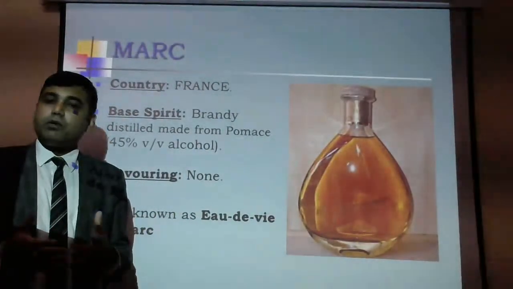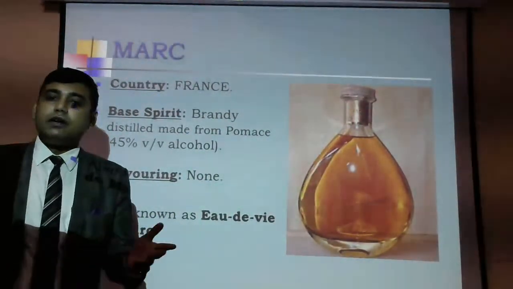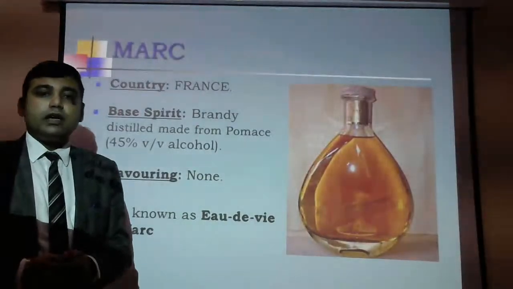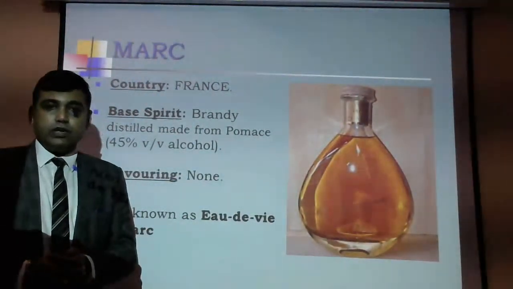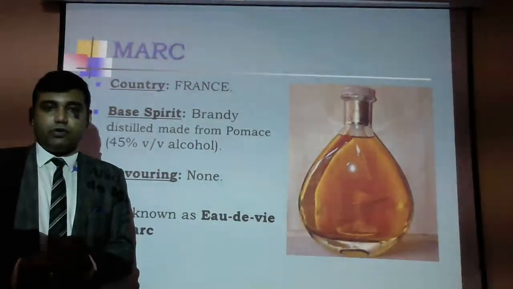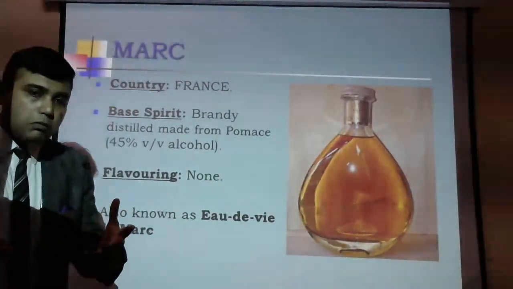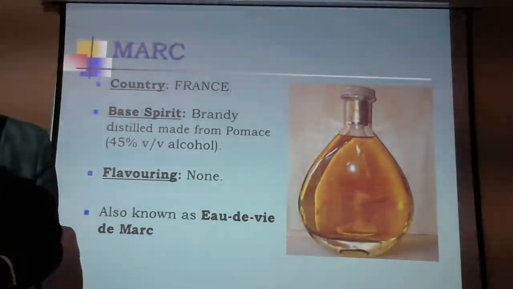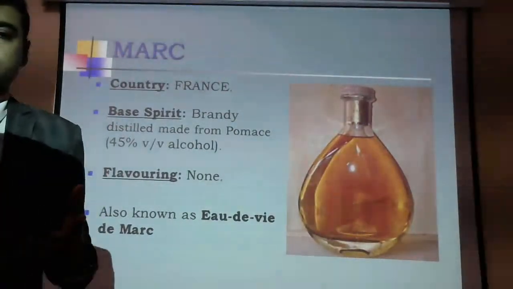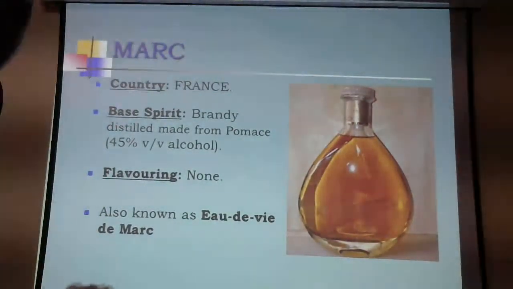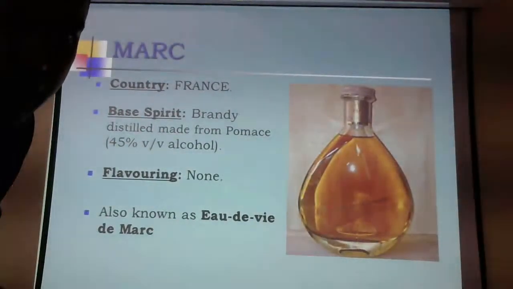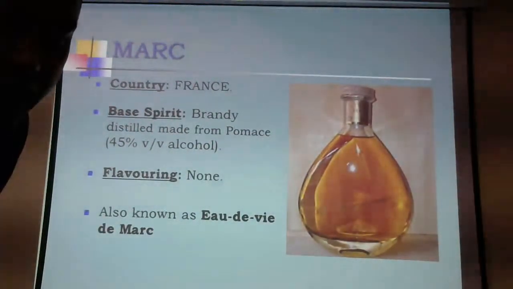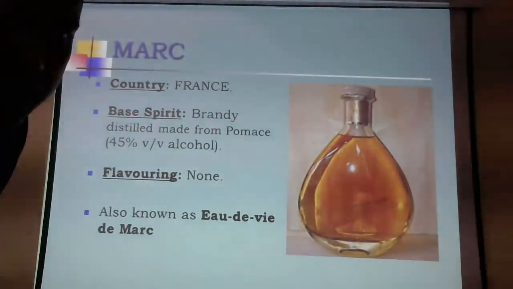So that is what is popularly known as eau de vie. As you all know, eau de vie means the water of life. In France, this is known as water for the common people. They drink it as water. That is what gives them energy. This brandy is called marc, which is very locally produced.